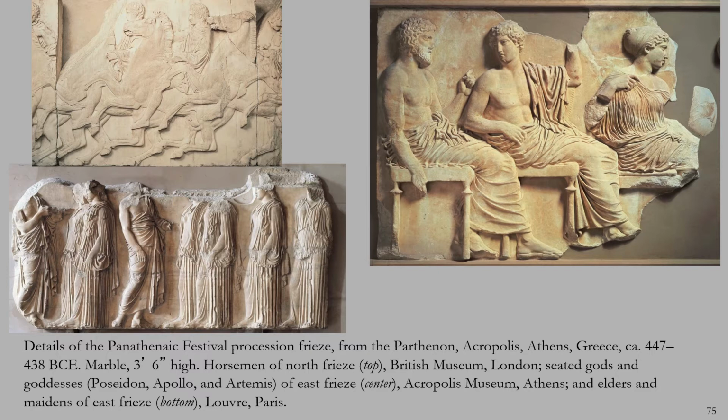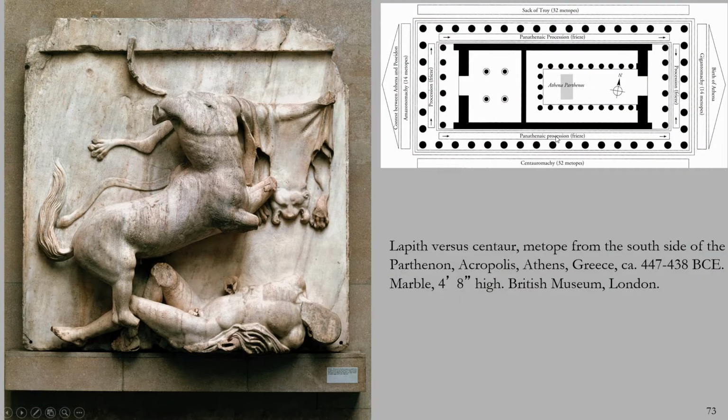It is not only images of gods that are found on the Temple of Athena. Let's go back to our image here. Along the sides of the temple, behind the colonnade, the Athenians have created an image we call the Panathenaic procession.